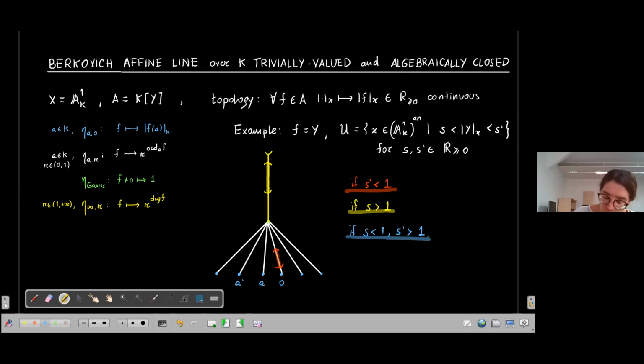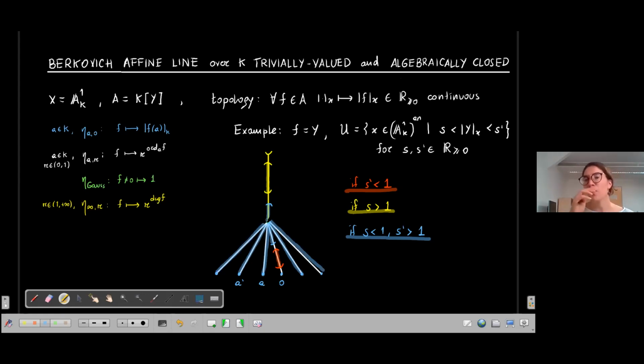But what you can prove is that we will get small intervals containing the Gauss point, but we'll also get all the other legs, because we have seen that on all the other legs the norm of y is constantly equal to 1. And 1 lies in this interval.